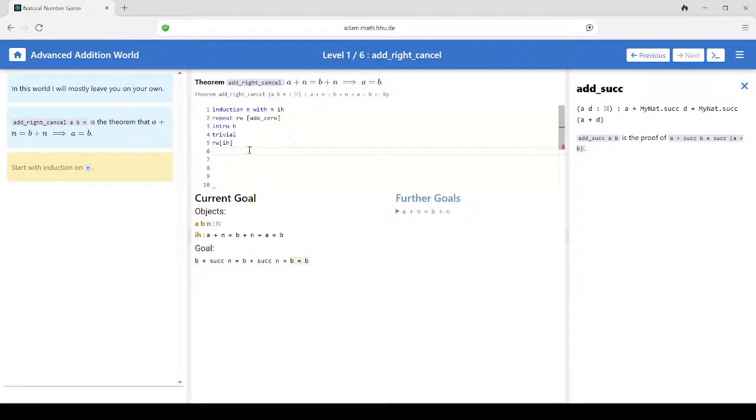B plus the successor of n equals B plus the successor of n implies that B equals B. That's what we need to prove is true.